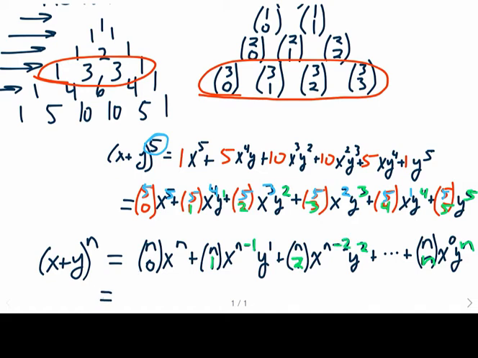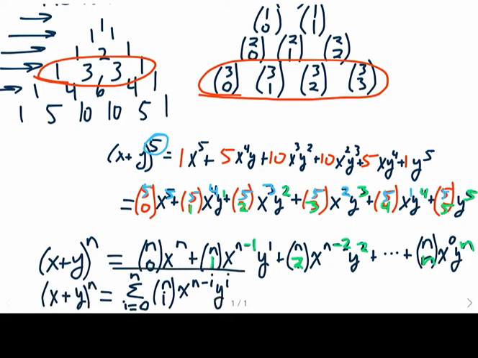And so the most general way we can write this is the sum as i goes from 0 to n of n choose i times x to the n minus i times y to the i.